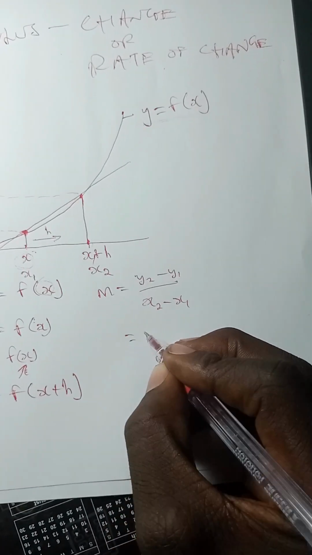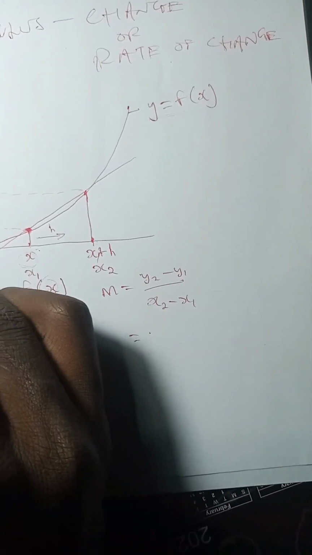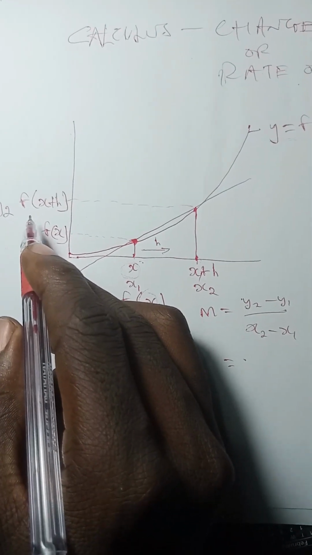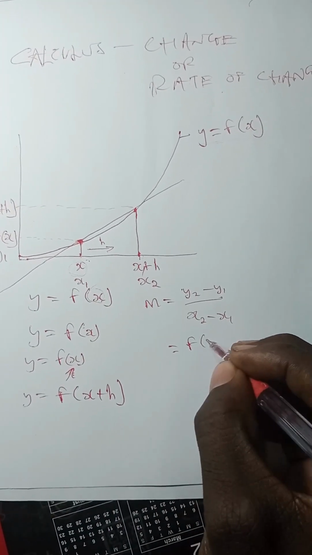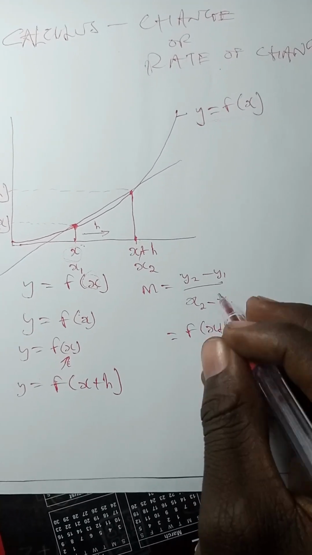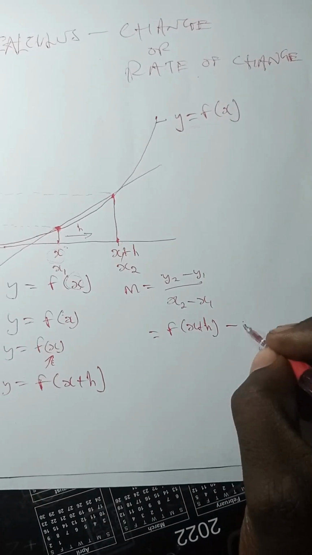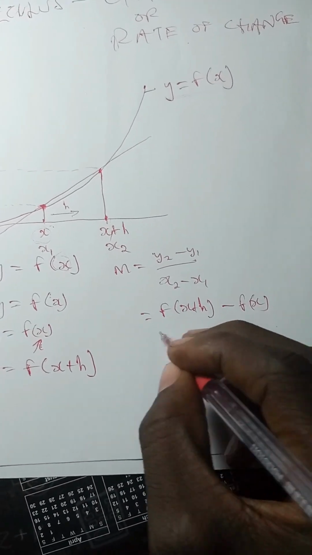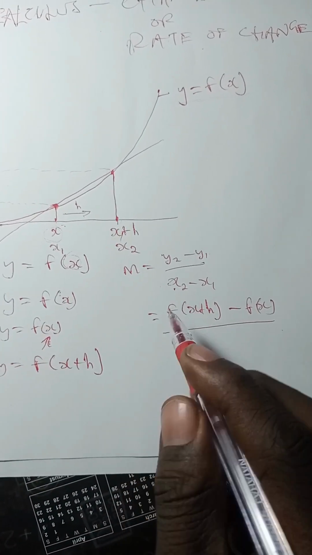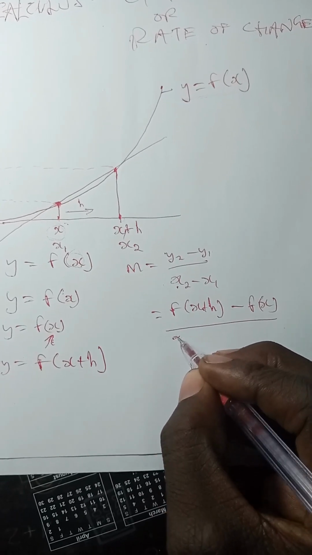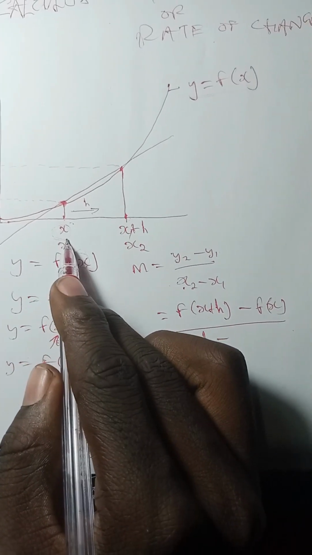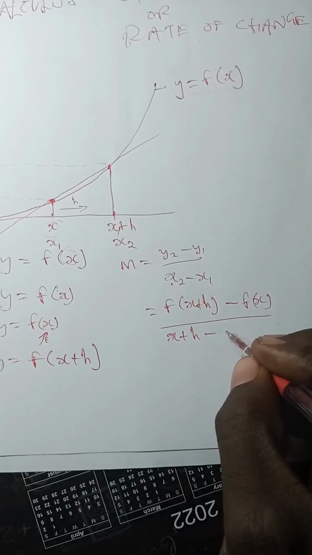The next thing is we're going to substitute in place of y2, which is f of x plus h, minus, in place of y1, simply f of x. Then down in place of x2 we have x plus h, minus, in place of x1 we have x.